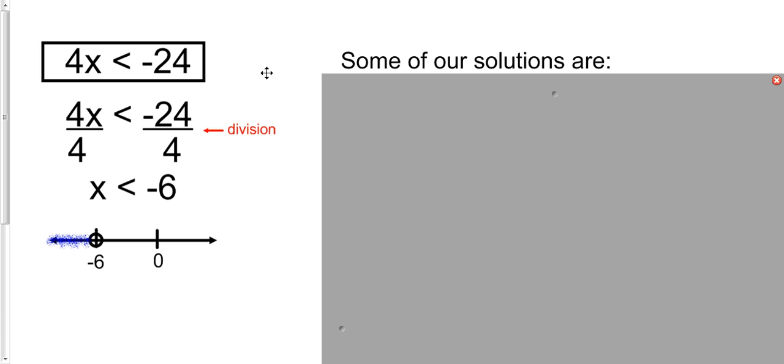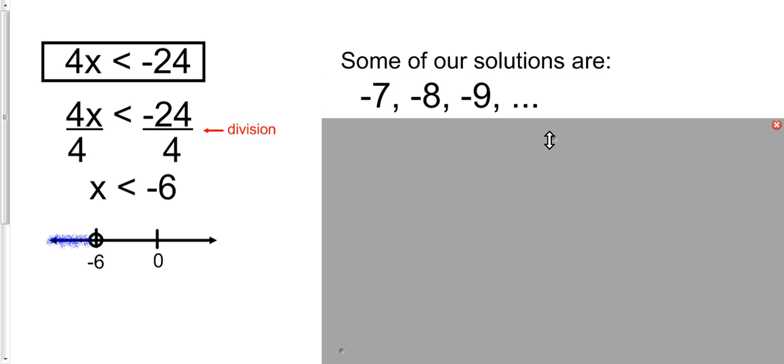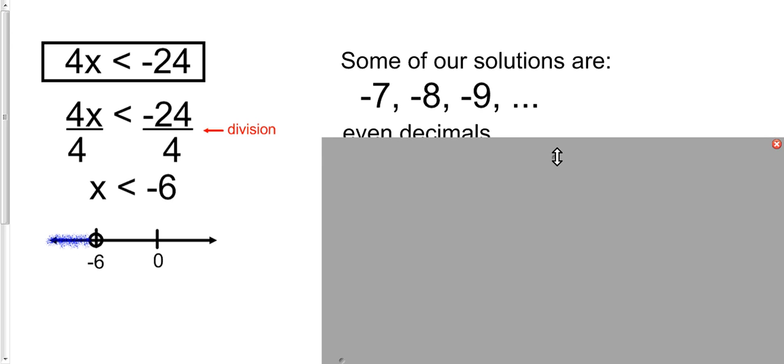Looking at this, here's our solution set. On the number line, we show that everything less than -6 is a possible solution. So some of our solutions are -7, -8, and -9 because they fall in this shaded section of the graph.